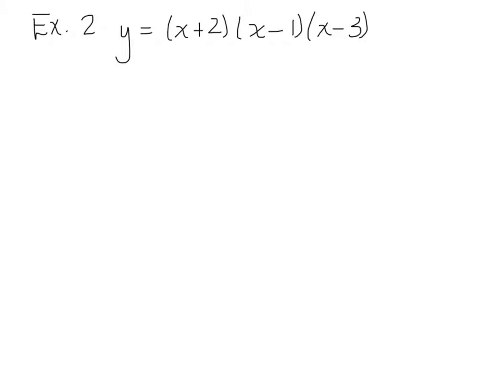Okay, the next concept is finding the zeros of a polynomial function. Zeros is the same thing as x-intercepts. If you notice, this equation is already in factor form, so to actually find the zeros or x-intercepts, that's where your graph hits the x-axis. The first thing we do is change the y to a 0.